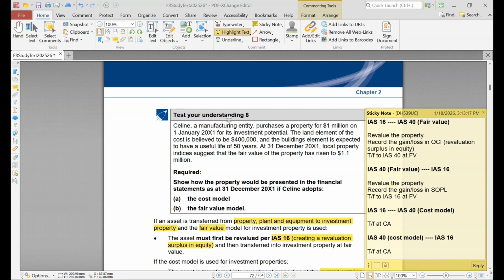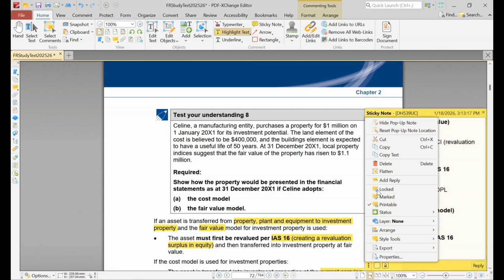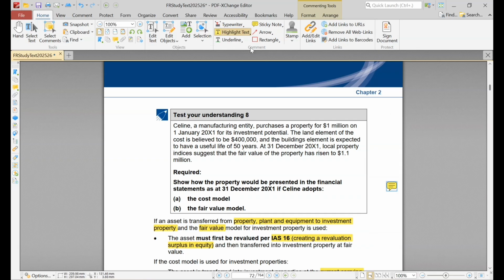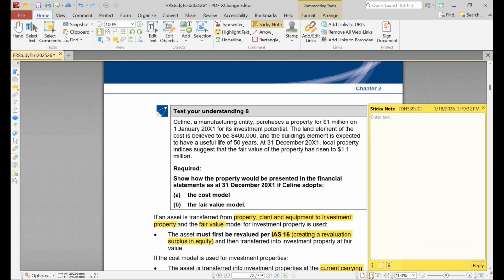Now let us solve test your understanding 18. Celine, a manufacturing entity, purchases a property for 1 million on 1st Jan 20x1 for its investment potential.